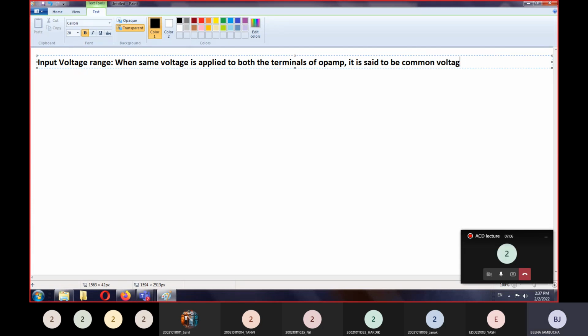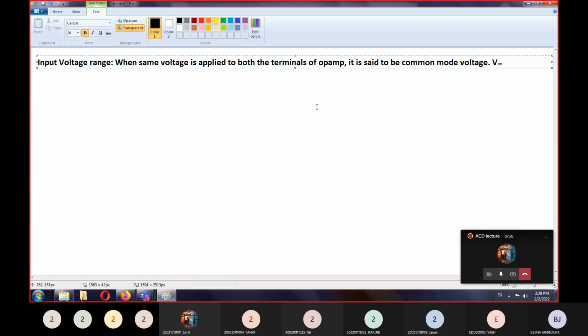This is the common mode voltage, and we can also call it VCM, with the suffix CM for common mode voltage.